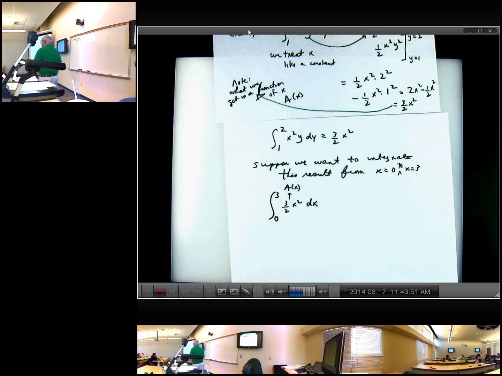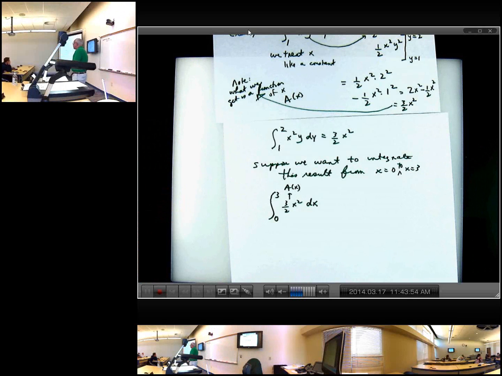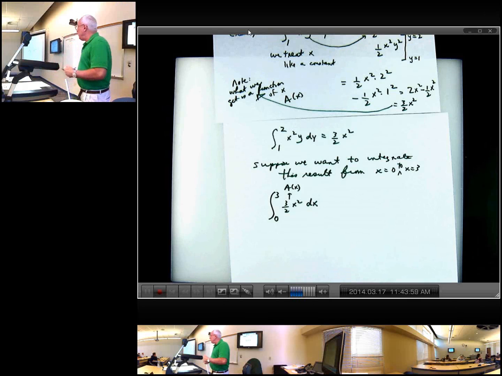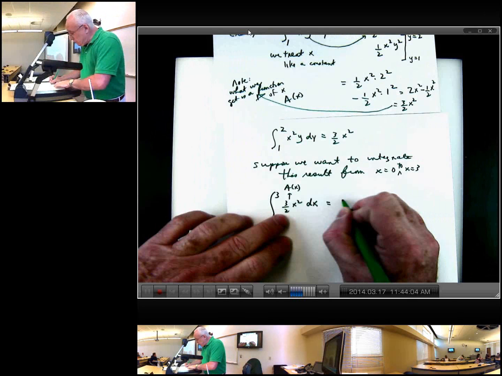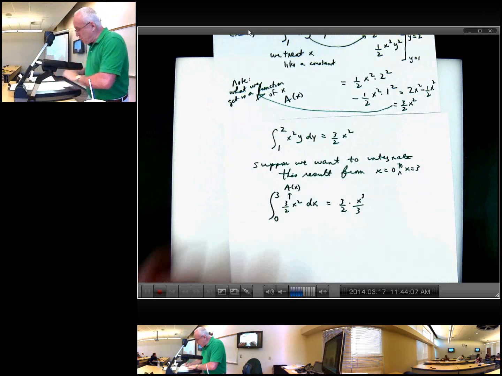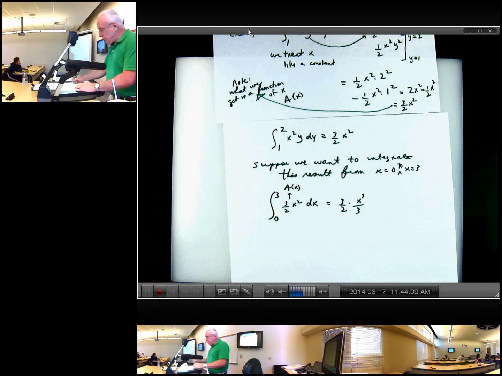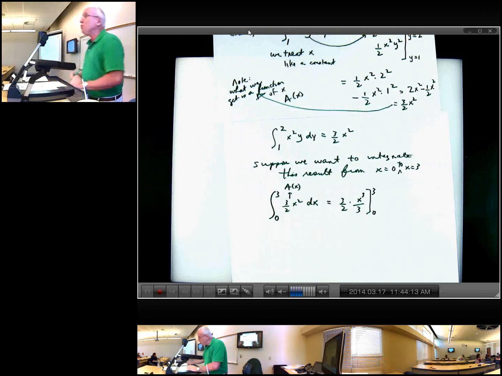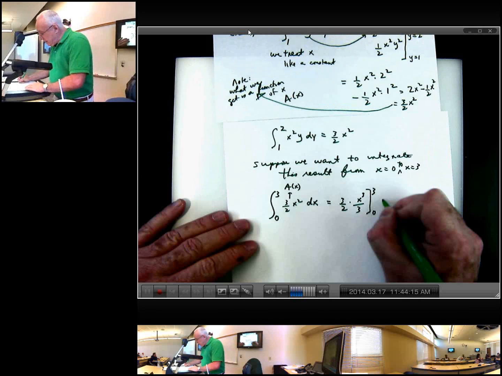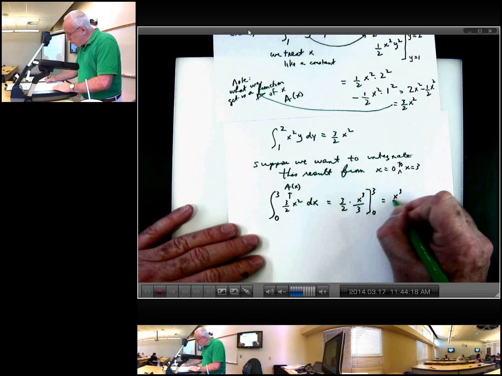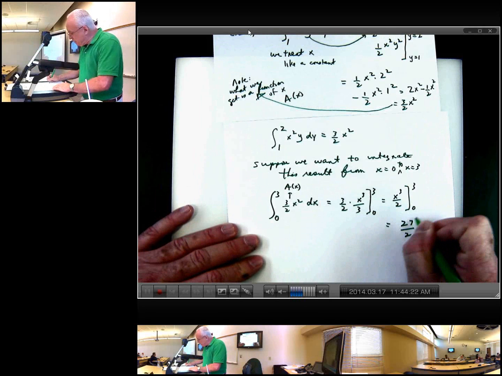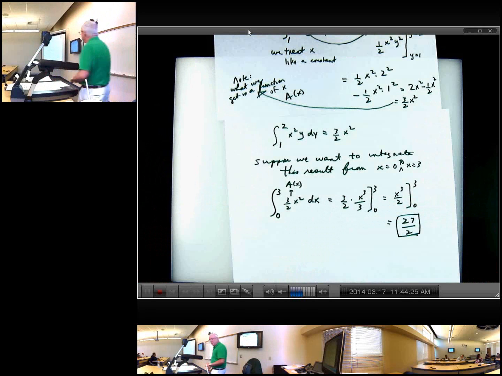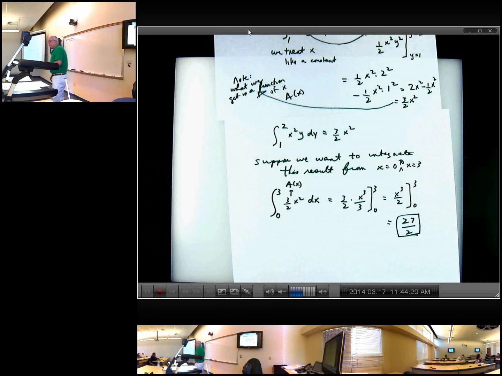Now this looks just like plain old first semester antiderivative. We just have x. We're taking the antiderivative, and this gives us 3/2 times x to the third over 3 as our antiderivative, and we do it from 0 to 3, and that gives us x to the third over 2 from 0 to 3, and when we plug in the top number minus the bottom number, we then get 27 over 2.